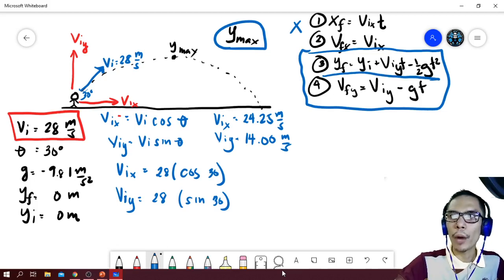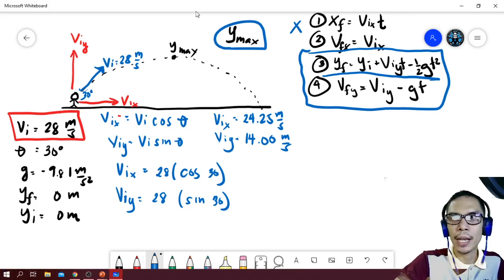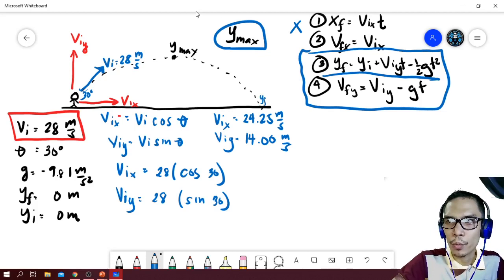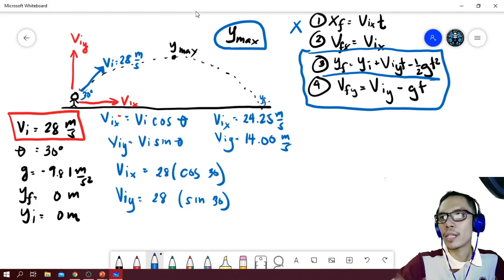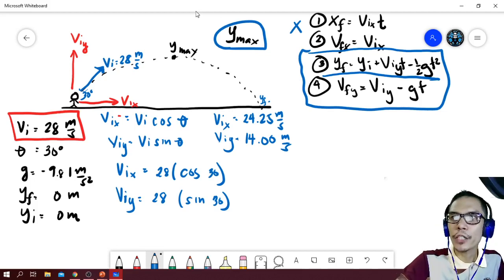The y max here will be the final height, not this one. We will treat this one as the final height, and this one over here will be the y max.